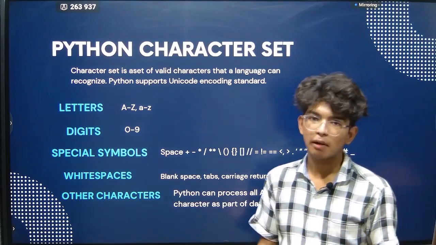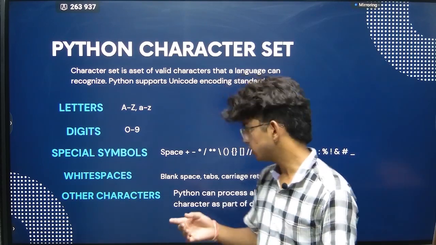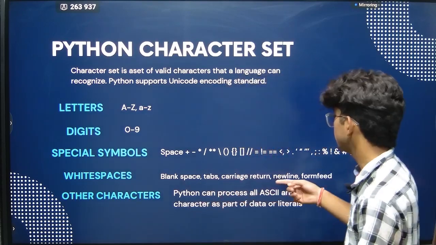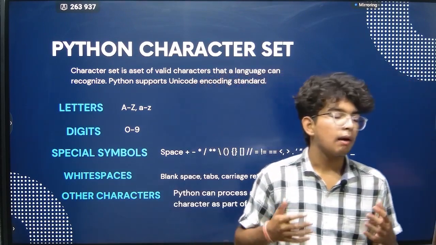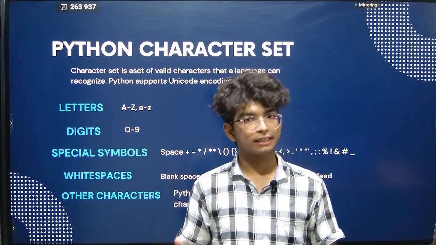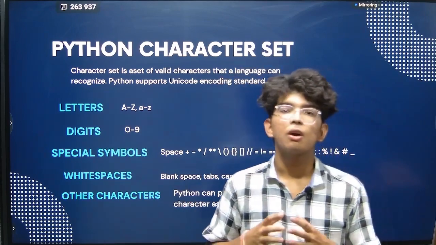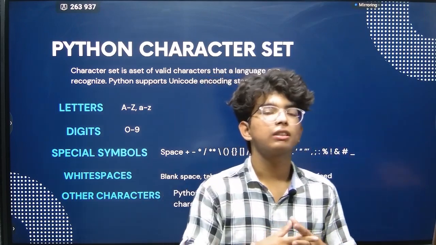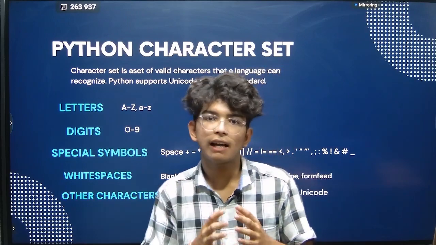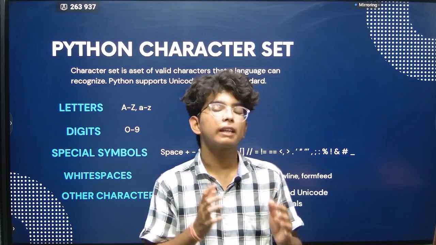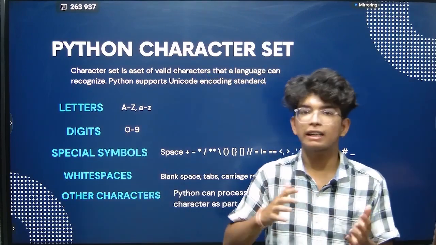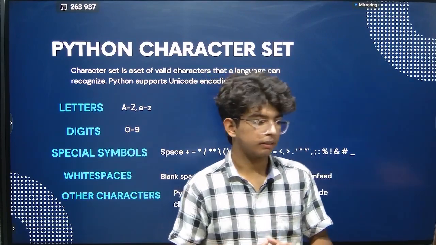By using the tab button we get 4 spaces, then carriage return, new line. Other characters: well, Python can process all ASCII and Unicode characters. In computer words, ASCII is a specific character code, and Unicode is also a character code, and Python can access all those character codes.